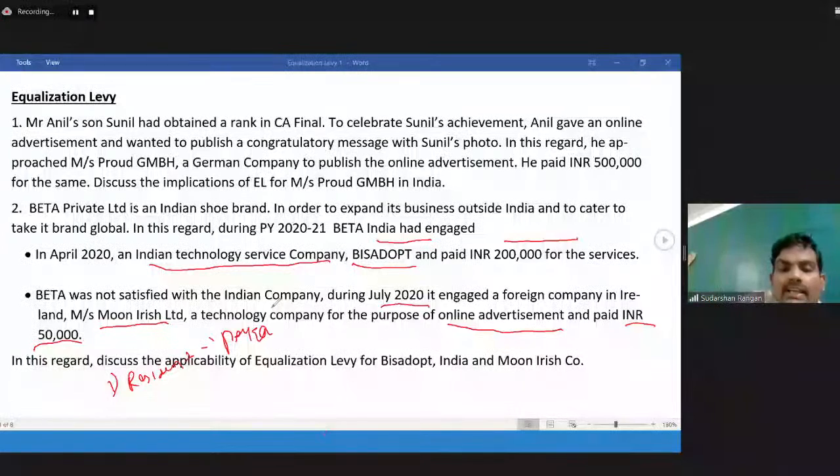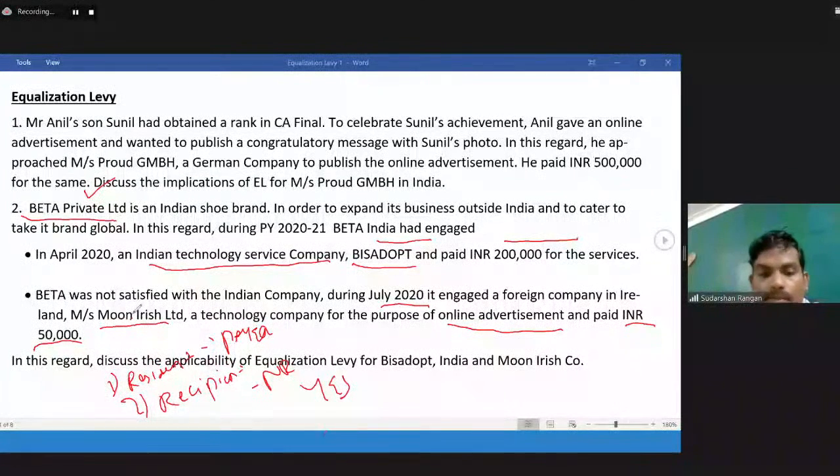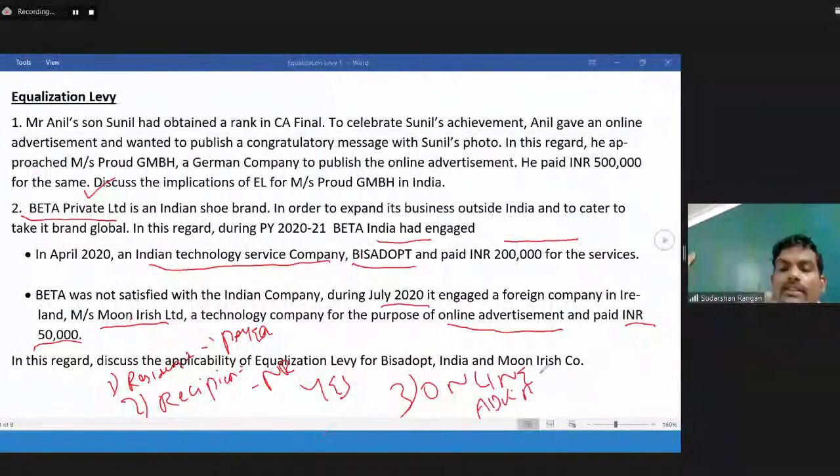Is a resident the payer? Yes. Beta is a resident. Second, the recipient should be a non-resident. Is he a non-resident? Yes, because it is an Ireland company. Third, it should be for online advertisement, a specified service. Is it online advertisement? Yes. So all three conditions are satisfied.